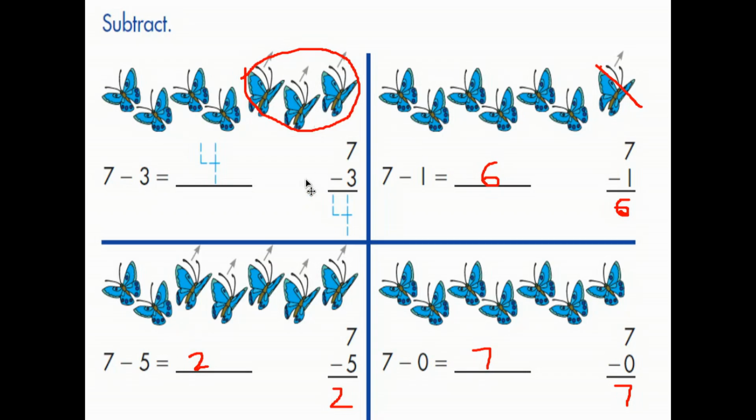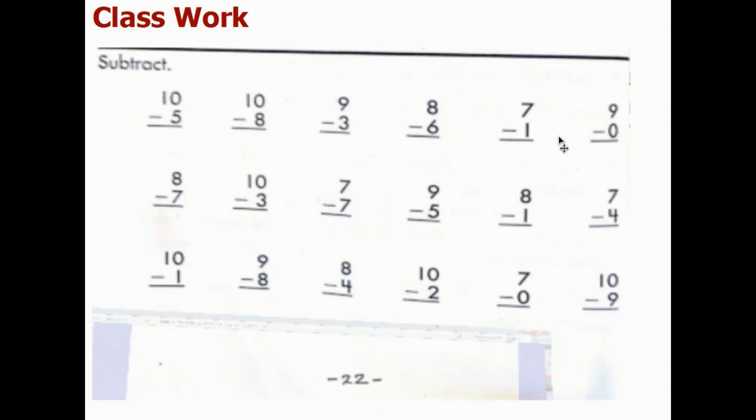Say for example the first one, to do the subtraction, says 10 minus 5. You can do this in different ways. Either take out your 10 fingers and cancel out 5, and then 5 will remain.